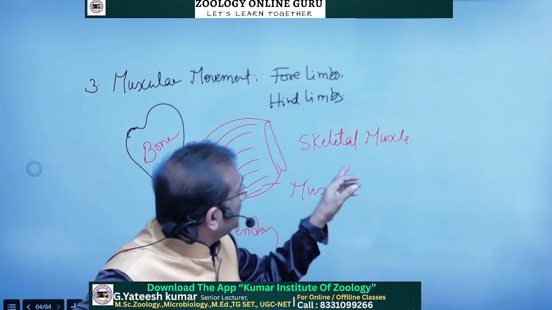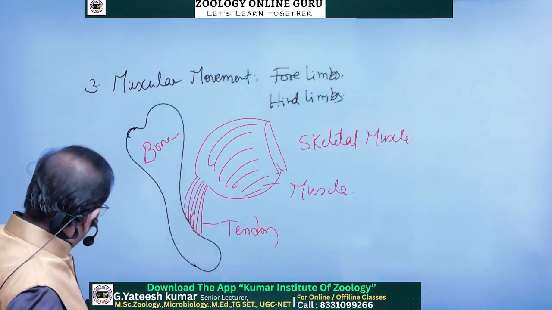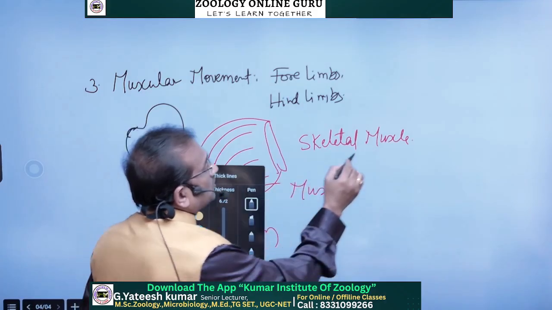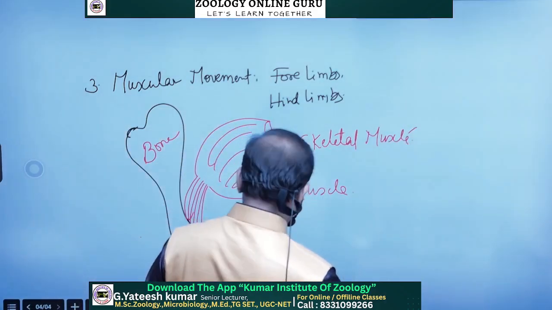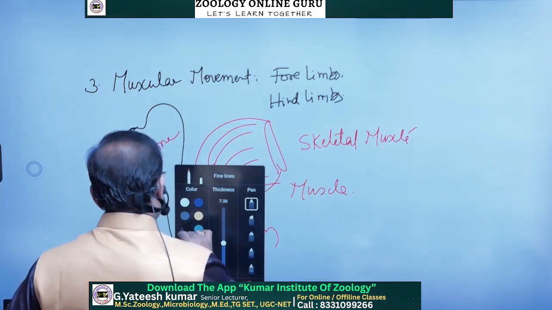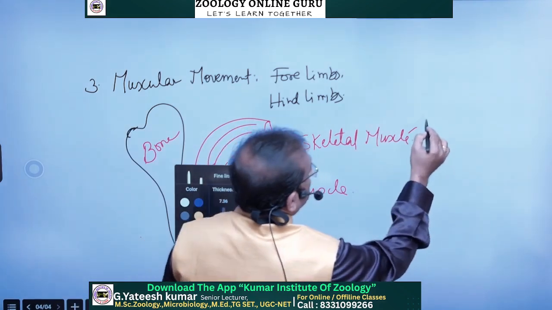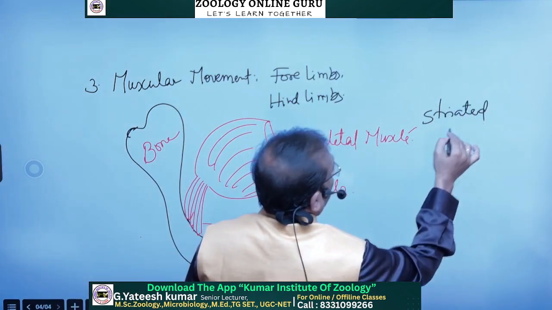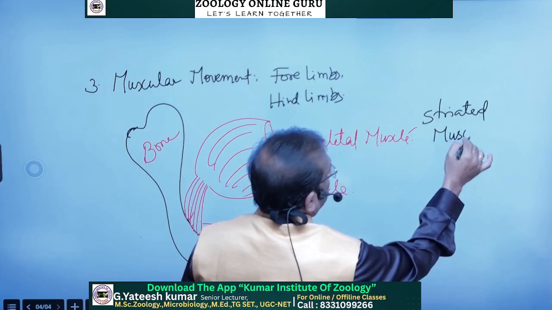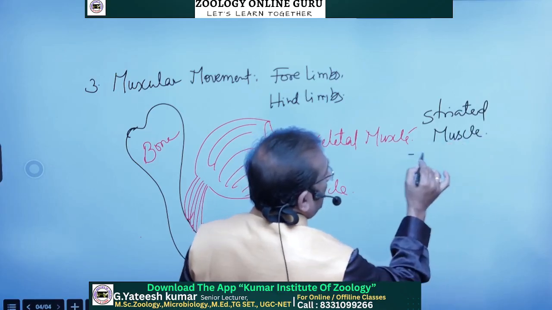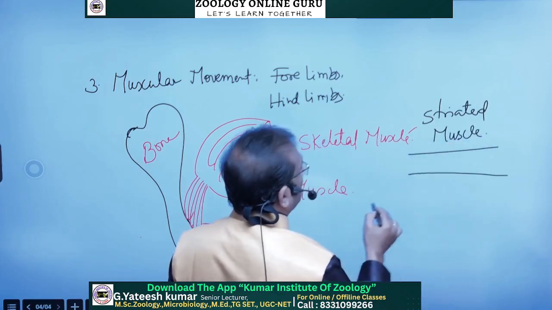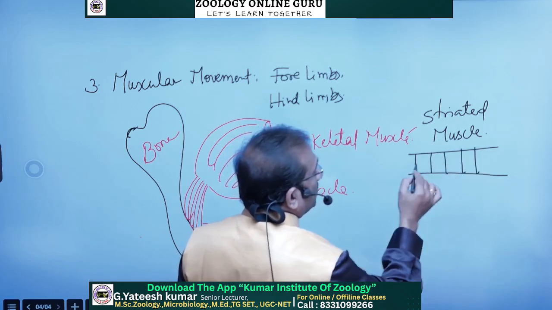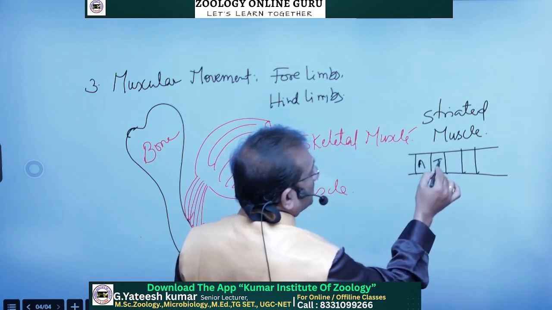Now see here, the skeletal muscle. What we are discussing here is the skeletal muscle. Skeletal muscles are also known as striated muscles, because on the muscle fiber of these skeletal muscles, they have bands. One is a dark band and one is a light band.